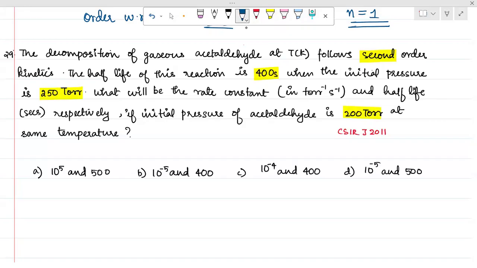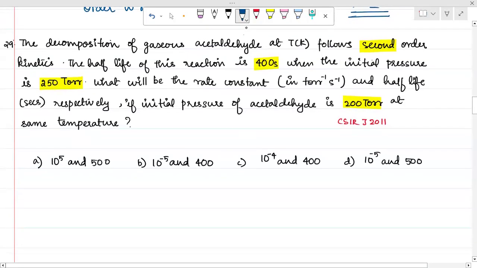Now instead of a solution where the concentrations are given in molarity, here they have given gaseous reactants where instead of molarity, you will be given changes in pressures. You will be given changes in pressures. Okay.